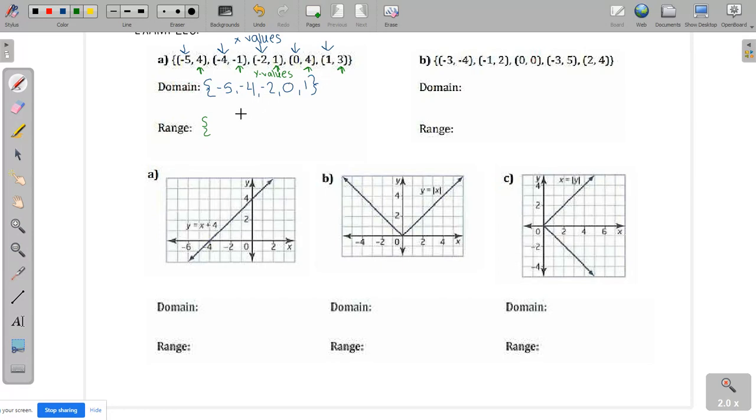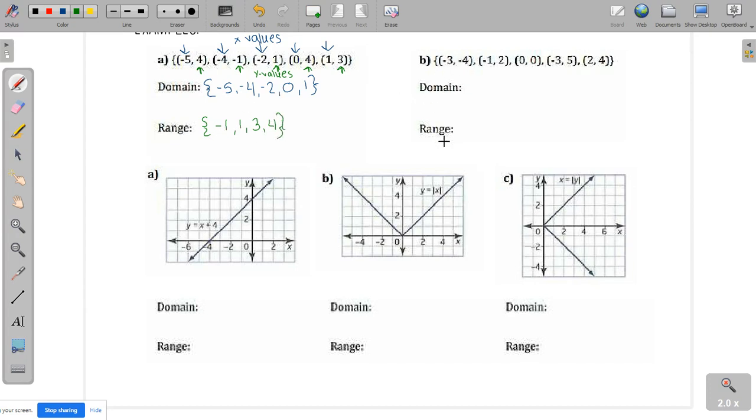We're going to list it from least to greatest. So we have -1, 1, 3, and then 4. 4 we have listed twice, but we only need to list it once. Again, I listed our numbers, commas in between with our squiggly brackets.